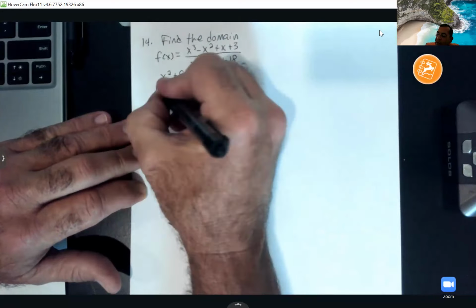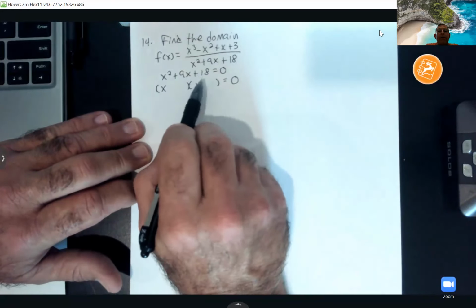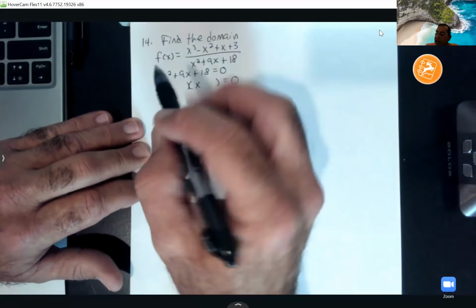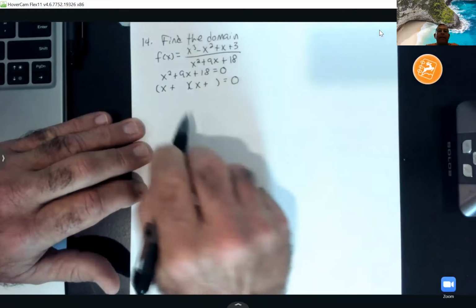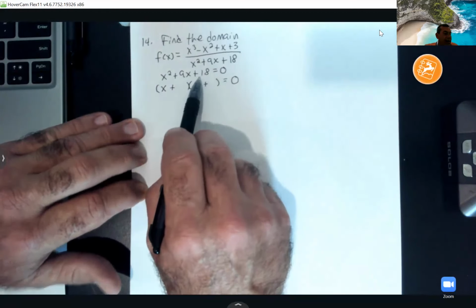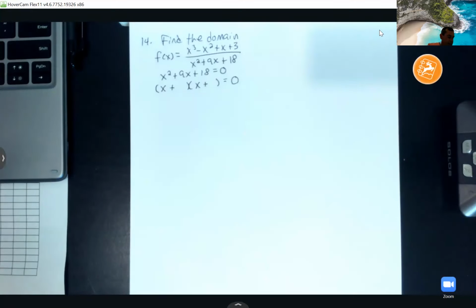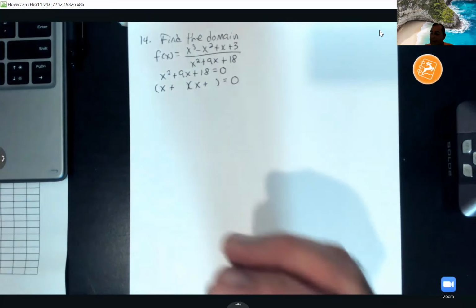All right, x squared is an x and an x. The last one's positive, so both of these factors will be positive like that 9. And I'm wanting factors of 18 that'll add to get me a 9. That'll be a 6 and a 3.